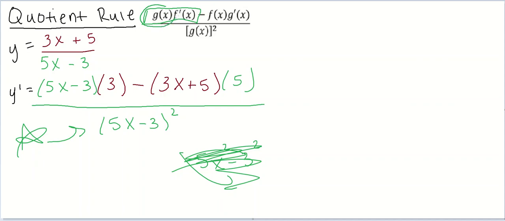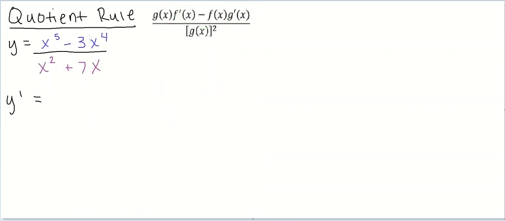This g of x right here doesn't have a prime symbol, this f of x right here doesn't have a prime symbol, and then the g of x on bottom doesn't have a prime symbol either. So you're really only calculating a derivative 2 times, for this f prime of x and that g prime of x. For the other pieces, you're just rewriting a function that was already there, either the top or bottom. So make sure you pay really close attention to that.